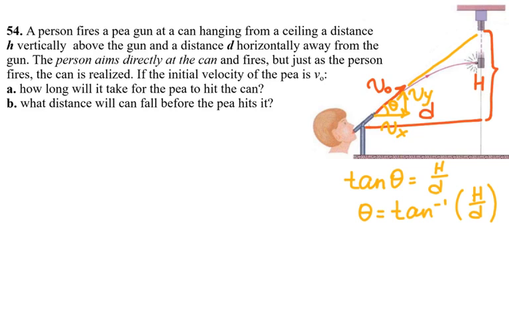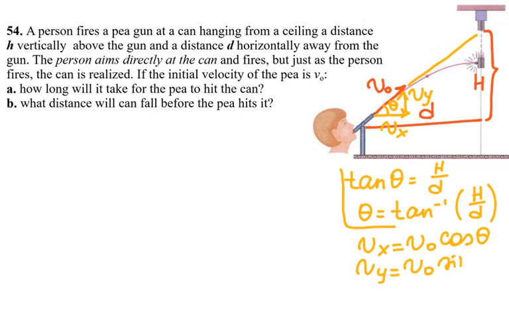So I do not know what theta is, but I can figure it out because I know that he was aiming right at the top of that triangle, and they tell me the h and the distance of that triangle. Also, I know that Vx is going to be v sub 0 cosine theta, and Vy is going to be v sub 0 sine theta.